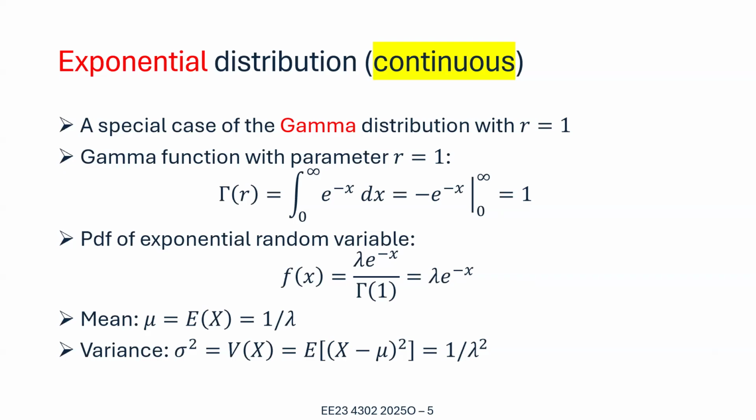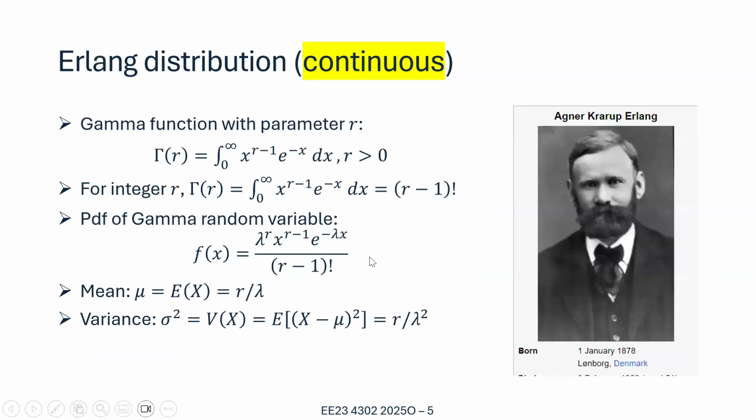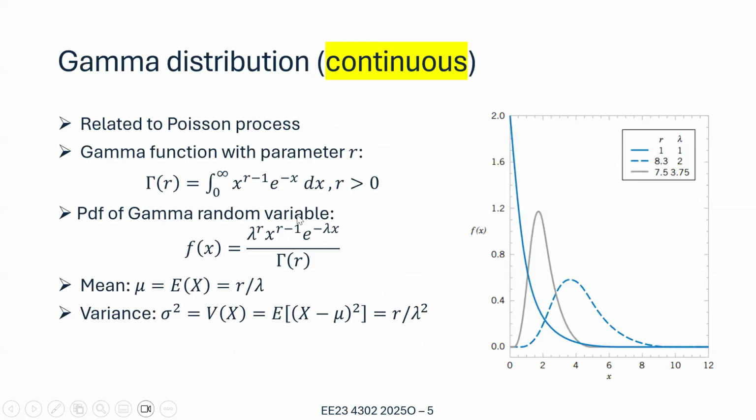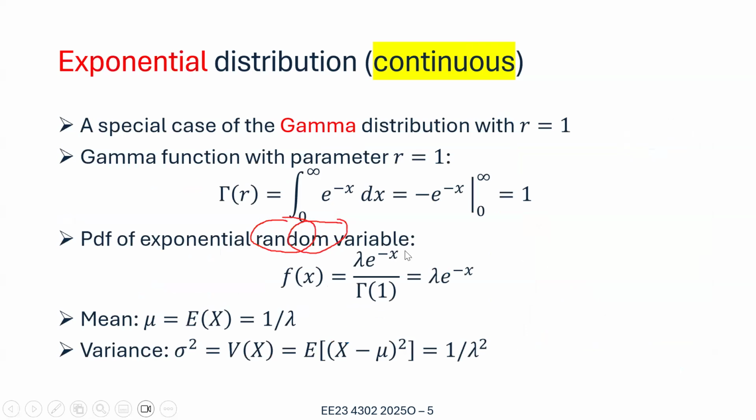And the PDF of the exponential random variable is f(x), because r is 1, so we have x to the power of 0 here, and this would be e to the power of minus lambda x, and gamma 1 is 1. So we obtain the PDF of the exponential distribution.